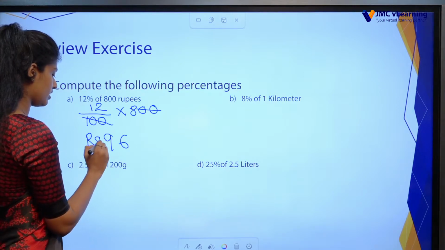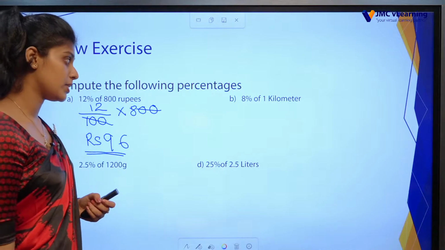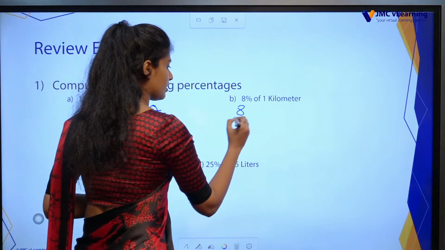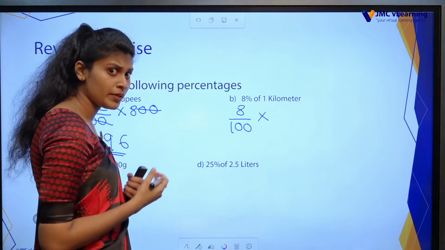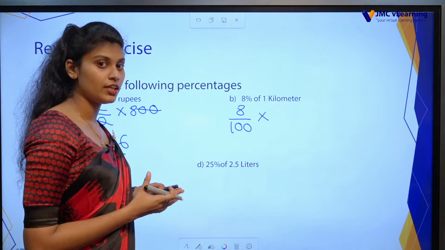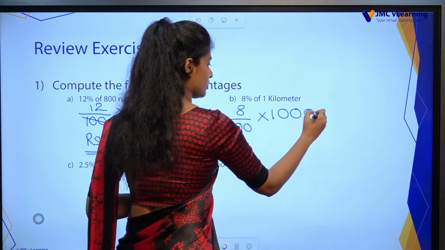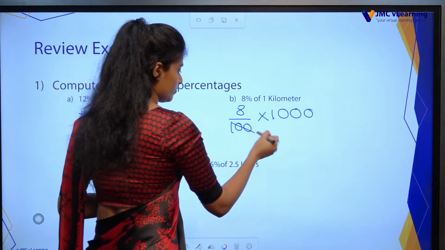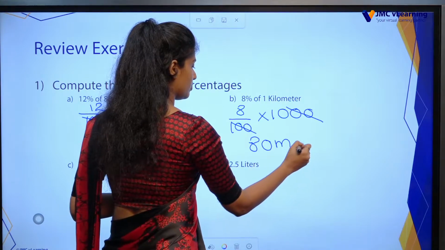That means 96 rupees. 8% of 1 kilometer. Then 8 over 100 into 1 kilometer. By keeping kilometers, we can't simplify. So you have to convert kilometers into meters. That means 1000 meters. We can divide like this. Then the answer is 80 meters.